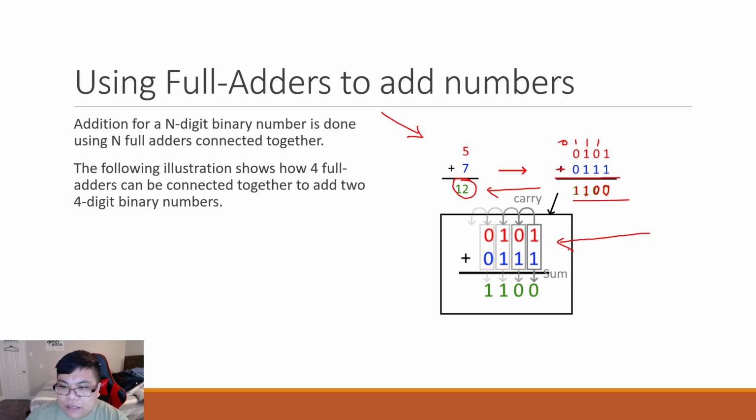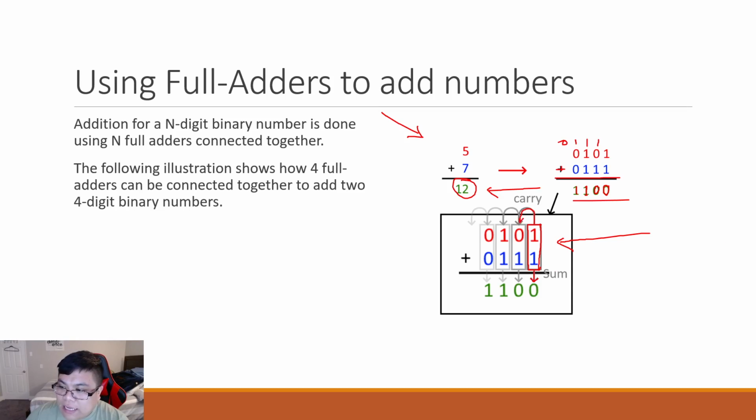Okay, so look at this example here. Do you see that I have a rectangle here? And then we have an output of sum, and also an output of carry, right?